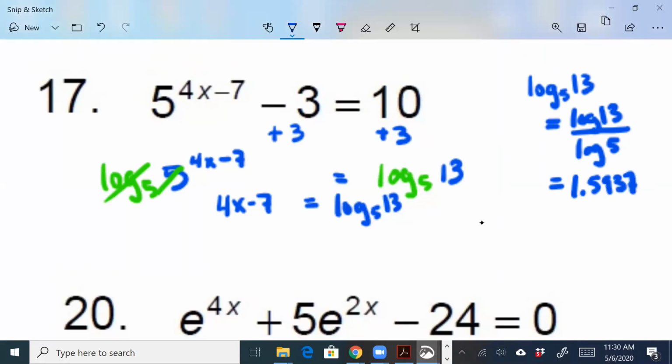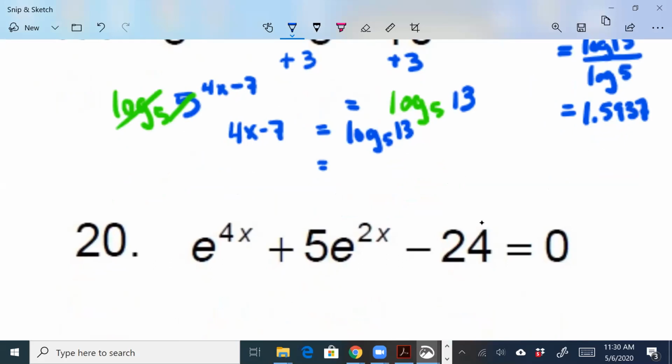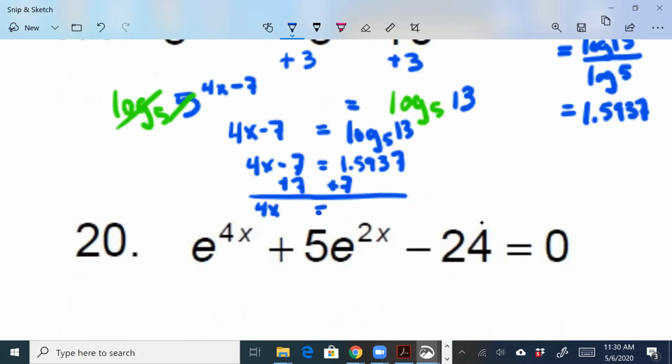So in our equation, we can put 1.5937 for the log. 4x minus 7, add 7, gives us 4x is equal to 7 plus 1.5937, which is 8.5937.